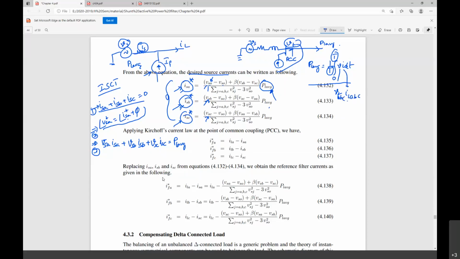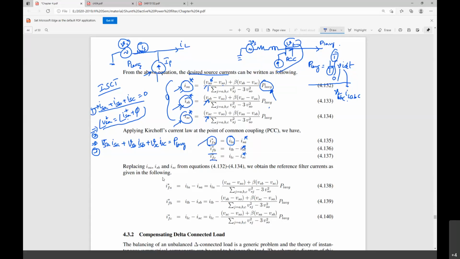Once after finding out this PL average, we can find out ISA star, ISB star and ISC star. After that, we can take the IL currents minus these currents ISA star, ISB star and ISC star, and we are able to find out IFA star, and the filter currents of B phase and C phase.